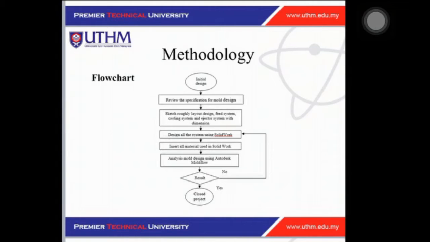If there is no error during the simulation, it means the project was successful and the project will be closed. If not, the process needs to be repeated from the step of designing all the systems using SolidWorks and proceed until we get a good result. Lastly, close the project. That's all. Thank you.